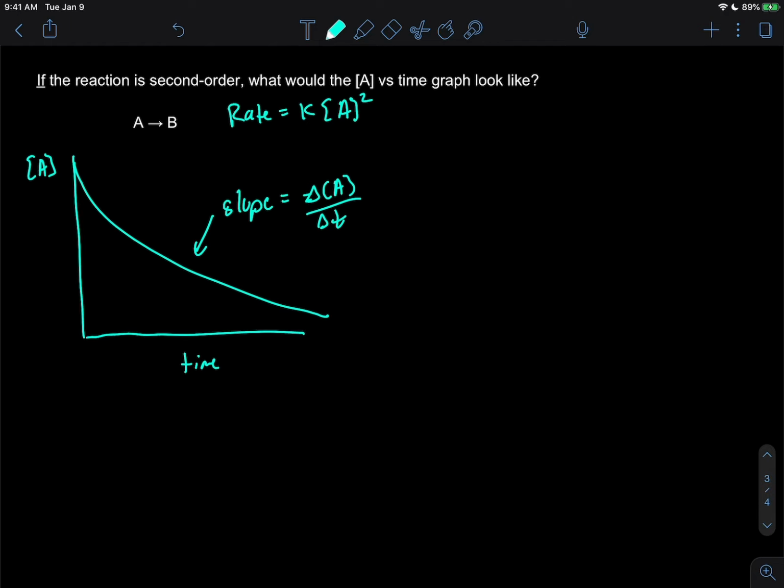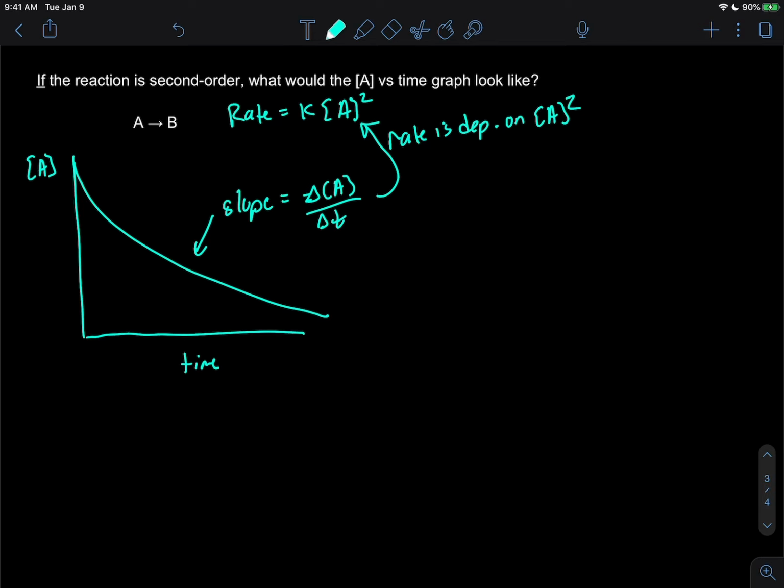So our slope is changing over time, and that is because our rate is dependent on the concentration of A squared. Our rate is going to change more over time because our rate is more dependent on concentration than in a first order reaction. So that's not going to tell us anything per se useful.